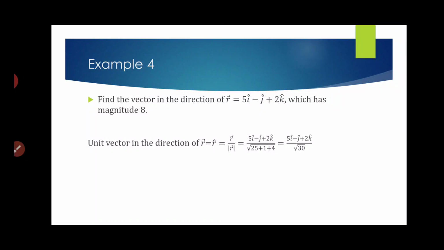We all know that any unit vector has got a magnitude 1. So to get a vector which has got a magnitude 8, all I need to do is multiply it by 8, that is 8 times the unit vector, and therefore our required vector is 8 by root 30, 5i minus j plus 2k.